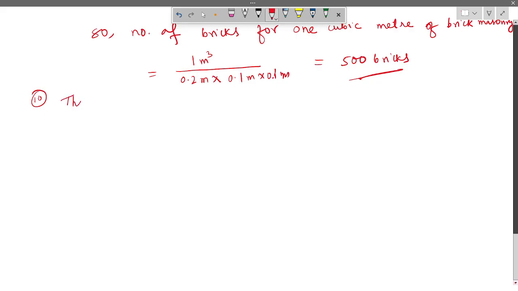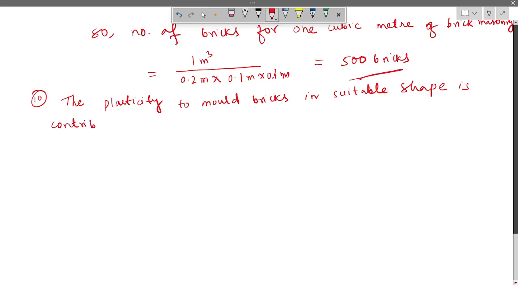The plasticity to mold bricks in suitable shape is contributed by, and four options are given.